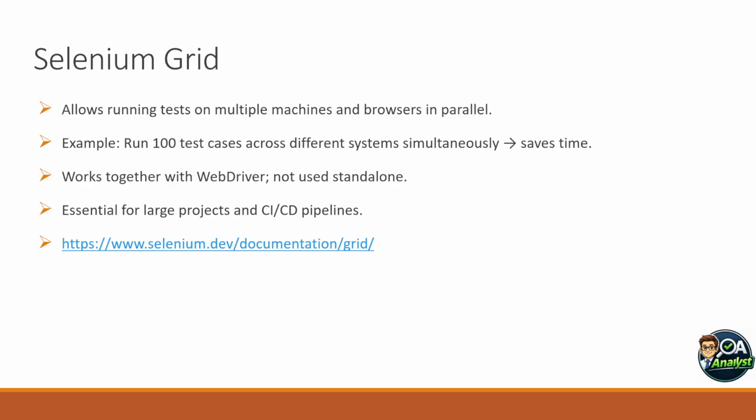This saves time and is a must for large projects or when working in continuous integration pipelines. Selenium Grid always works together with WebDriver, so you don't use it on its own. We will go through this in more detail in upcoming tutorials, when we discuss our framework.